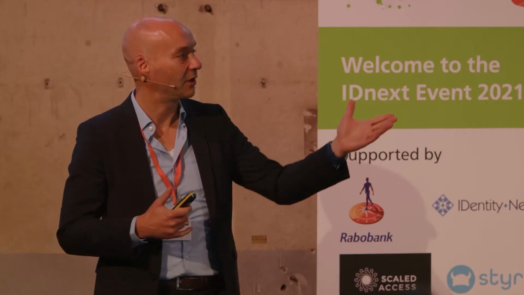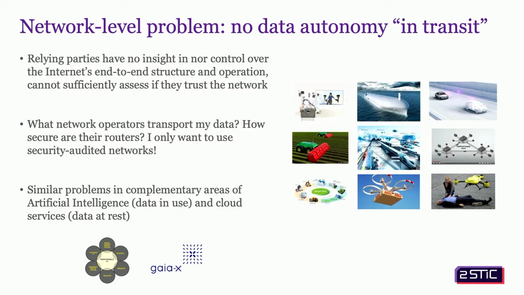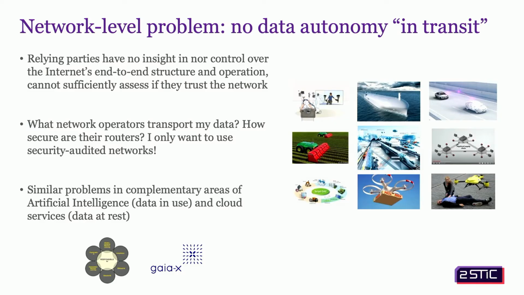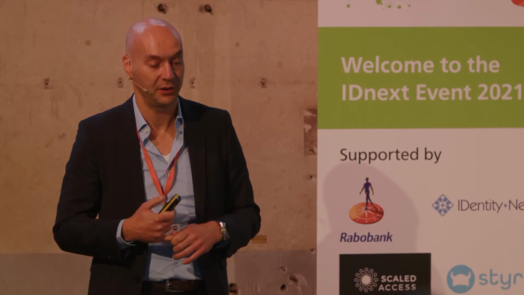We just saw the presentation by that gentleman over there on the Rotterdam port, so that might be related. Okay, so no insight and control, and particularly this is an impact for the safety critical applications.